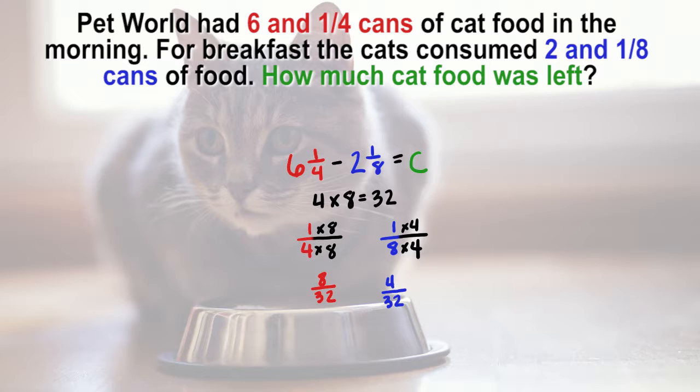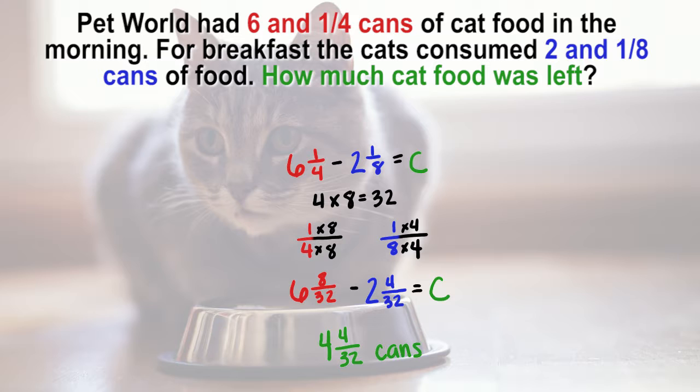The new equivalent equation reads 6 8/32 minus 2 4/32 equals C. Subtract the wholes. 6 minus 2 equals 4, and 8/32 minus 4/32 equals 4/32. C equals 4 4/32 cans left over.